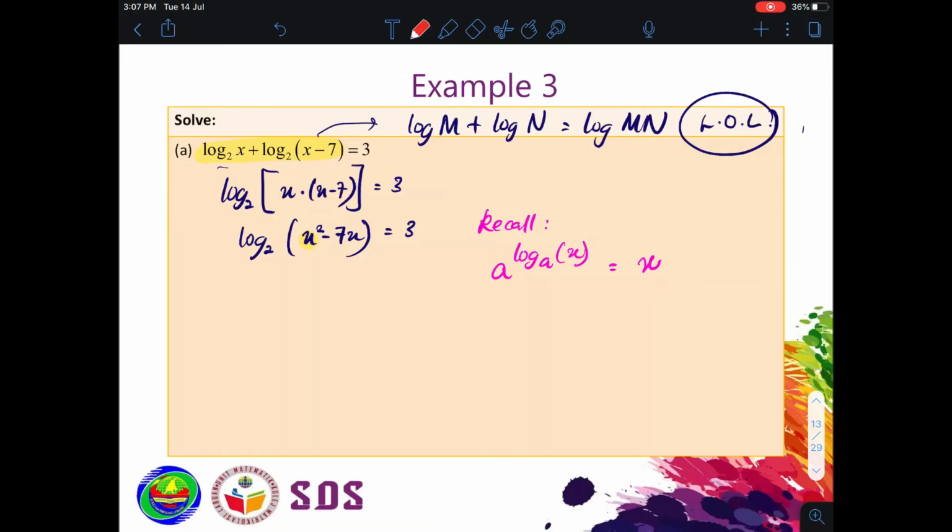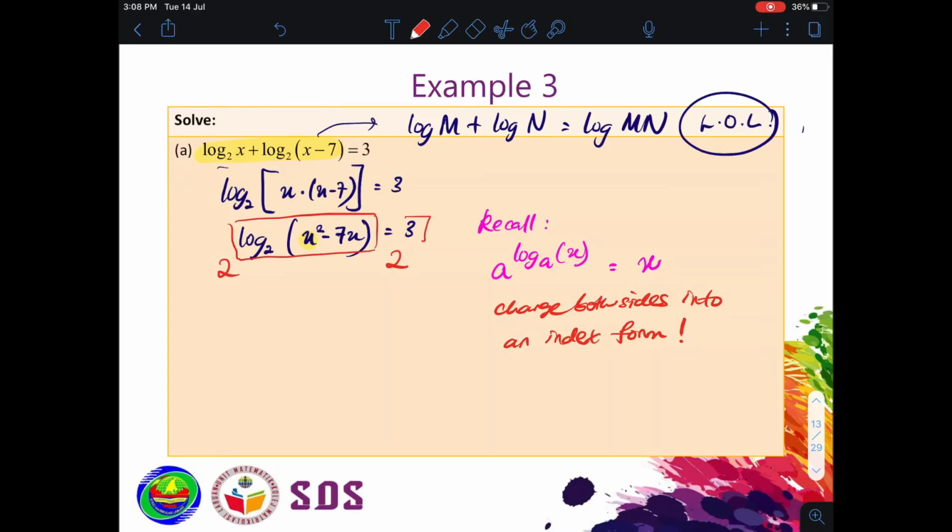Therefore, we're going to change both sides into an index form, which means they will become the power right now.